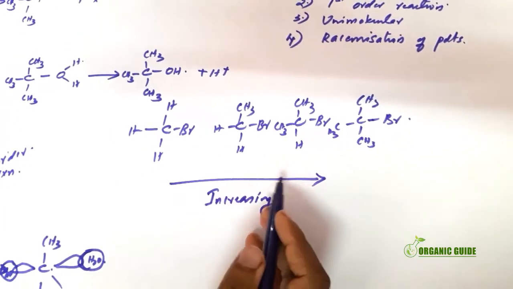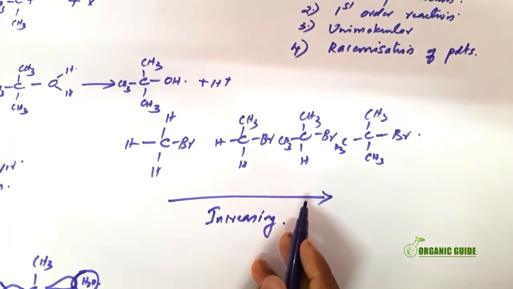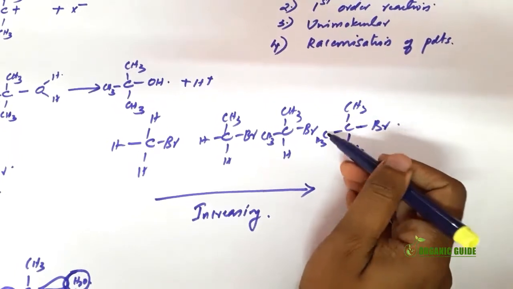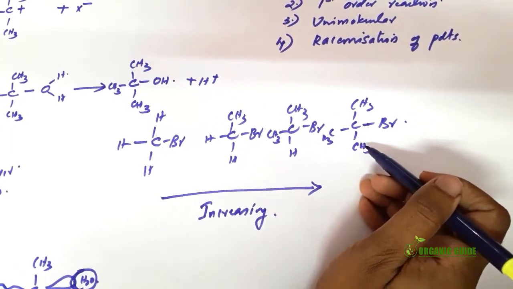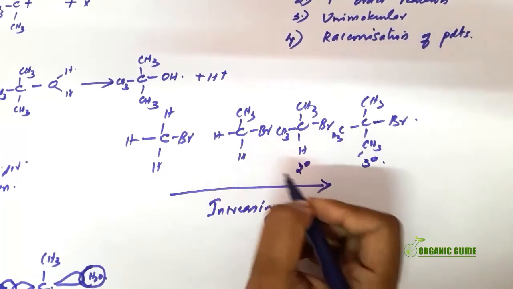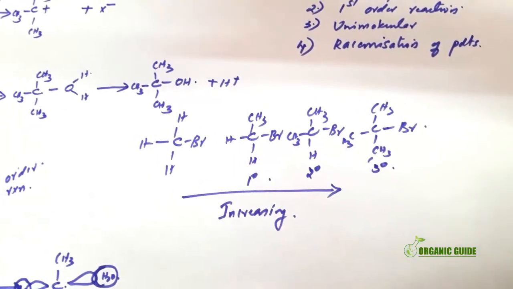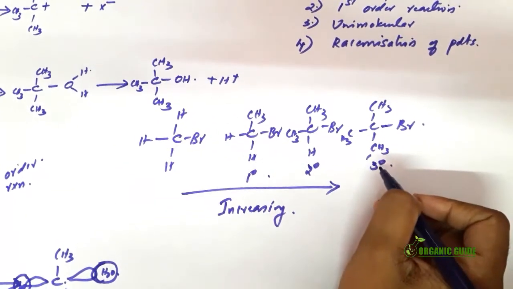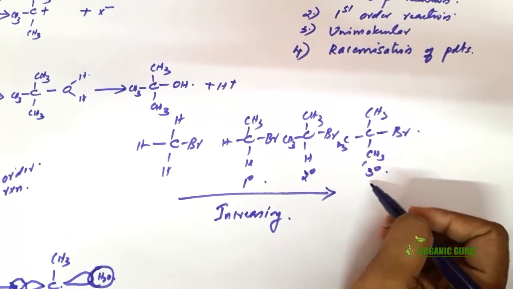Here the reverse will happen because the more stable carbocation will be formed more easily in the tertiary than in the secondary, than in the primary, and it will be least stable for the methyl carbocation. So the most stable carbocation will be formed in the tertiary.